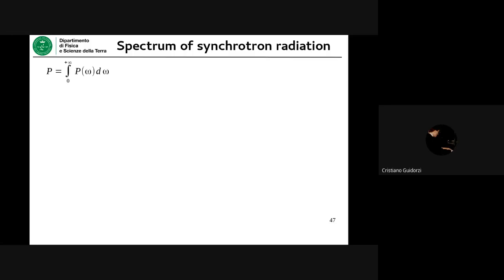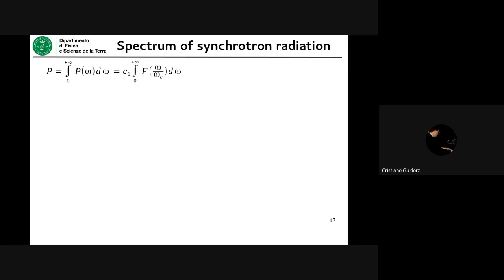But look, if I integrate the spectrum of synchrotron radiation over the entire frequency range, from 0 to plus infinity, I get the total power emitted by the electron. On one side, I just use the formula I've just come up with, so I know that this is a function of this ratio.